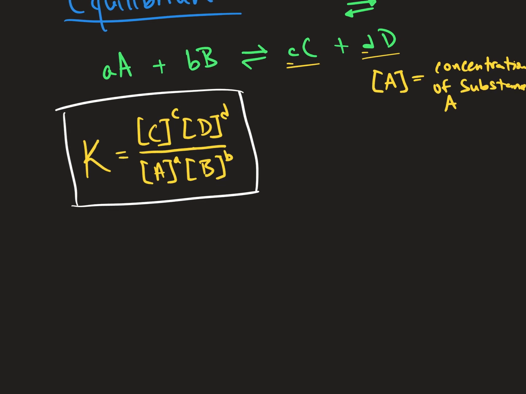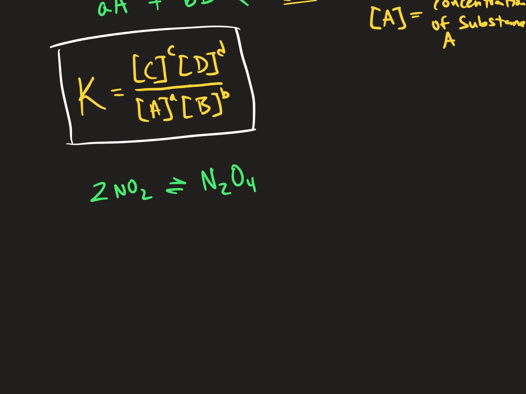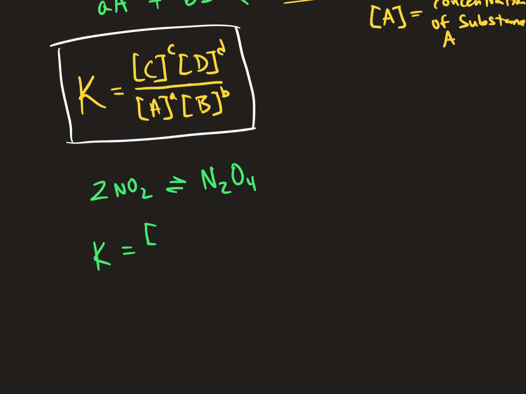So let's try this. Let's set it up on a simple equation first. If we have 2NO2 reacts in equilibrium with N2O4. So this is as simple as it gets. K is equal to what? The concentration of what?